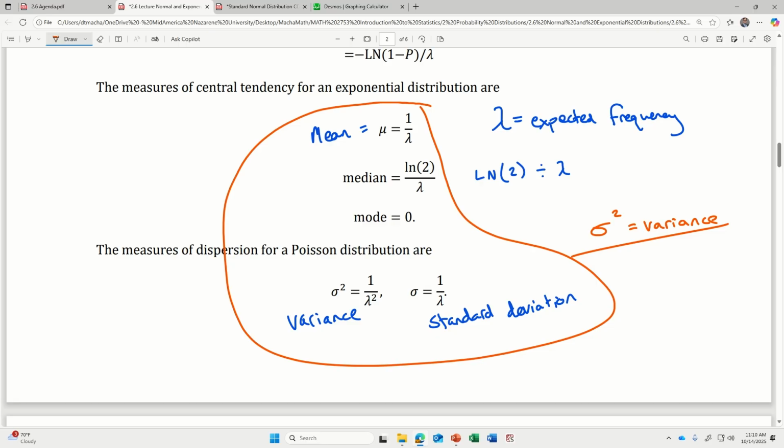The standard deviation is always just the square root of the variance. That's always true. But these formulas that I typed out here are only true for the exponential distribution. So do you square root the fraction, or do you square root the lambda and put it under 1? Doesn't matter. You could do it in either order. You should get the same answer.